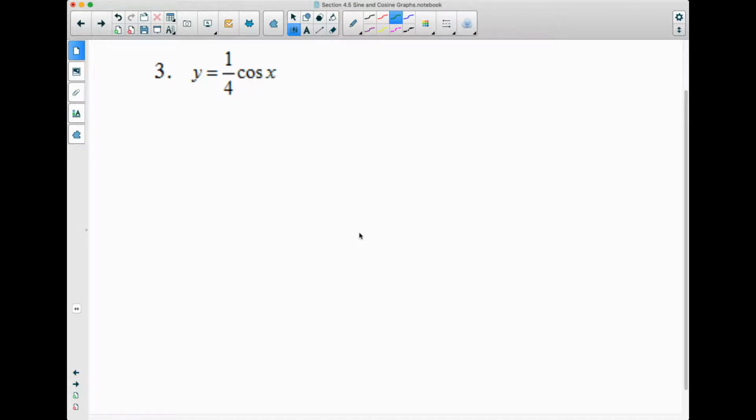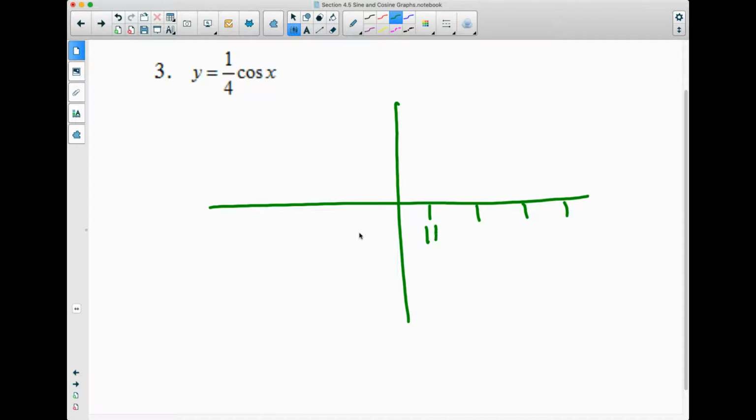So nothing is different except when you make your X and Y axis. Instead of labeling this as 1, we label it as 1/4. So it's literally going to look just like the graph we just drew, except we labeled it as 1/4.